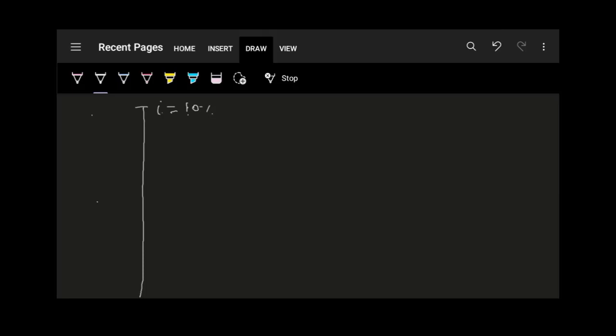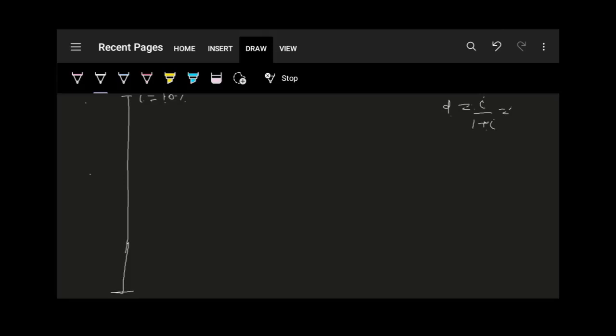From this we know one thing, that my D will be less than 10%. I can calculate D as I upon 1 plus I. So if I equals 0.1, I'm directly writing the value of D, which will be 9.09%, because I am earning my interest one year early.